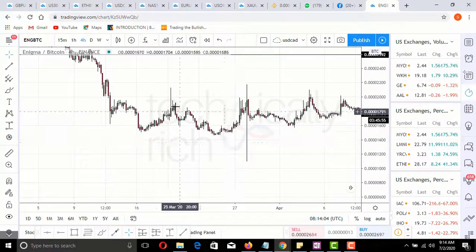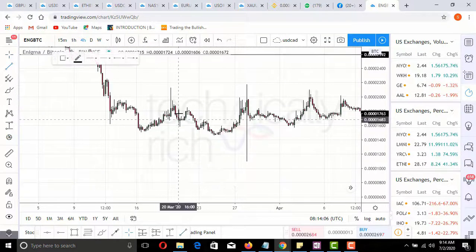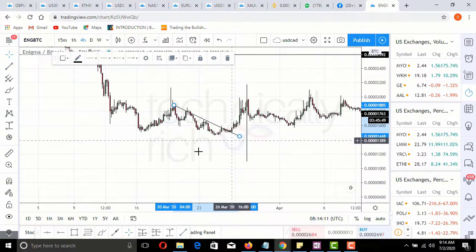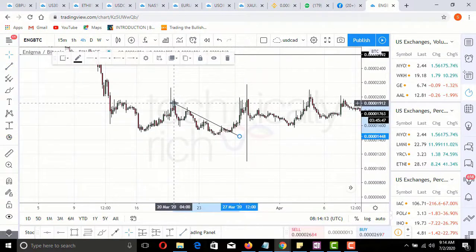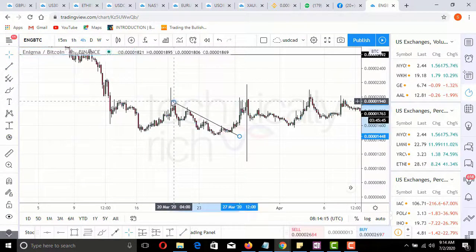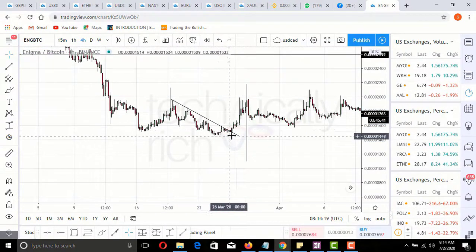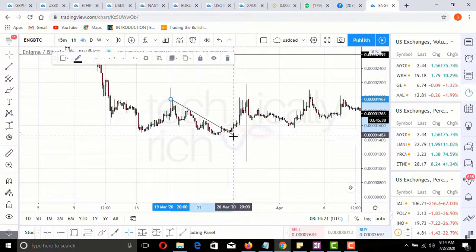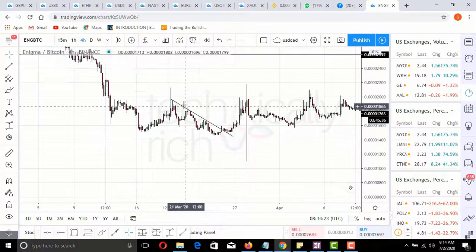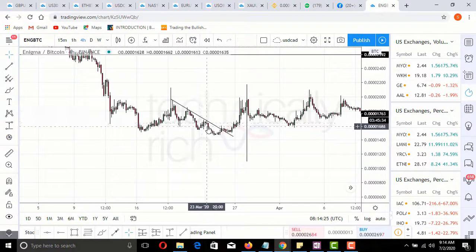Okay, now here's another downtrend, so I can connect from like right here. Okay, so I can really do this nice. So 1, 2 and 3.